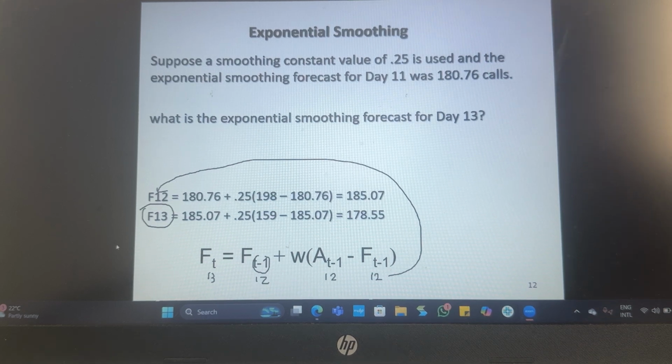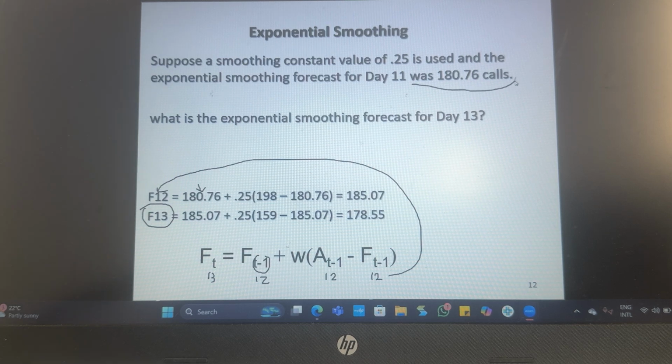Okay. To forecast day 12, what do you need here? Day 11 forecast. So assume that the day 11 forecast value is this one, it is given, right? You are using the day 11 forecasted value here. And then 25% of the forecasting error. What is this number?